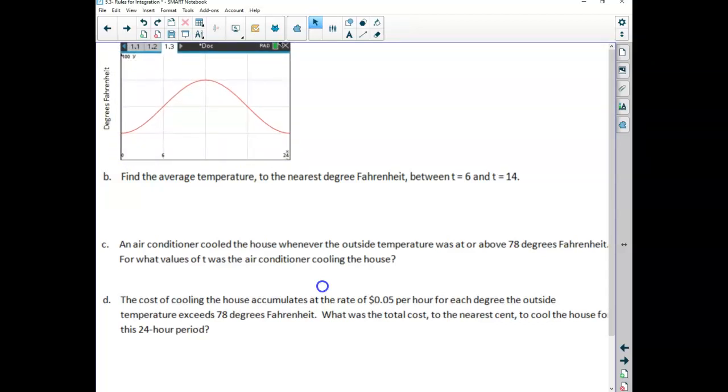And they want us to find the average temperature to the nearest degree Fahrenheit between T equals 6 and T equals 14. Well, here is T equals 6, and then this was 12, and this was 18, and that was 24, so T equals 14 is going to be somewhere right in there. I want to find the average temperature. We just did that, finding average velocity using the velocity curve. Now we can find the average temperature using the temperature function.